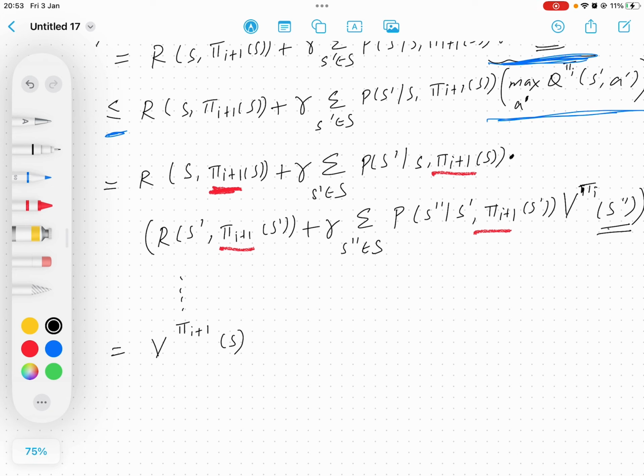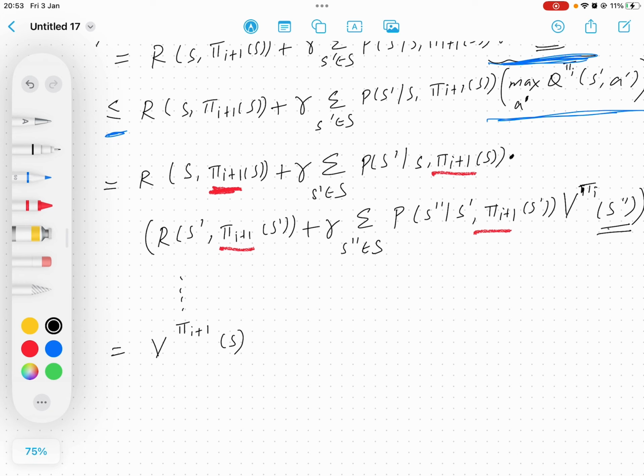No matter what the time step is, we simply choose some action to maximize that Q value. But be careful that no matter how many steps we have, we simply improve from the previous pi to a new pi, which is pi_{i+1}. Okay, there will be only one improvement.